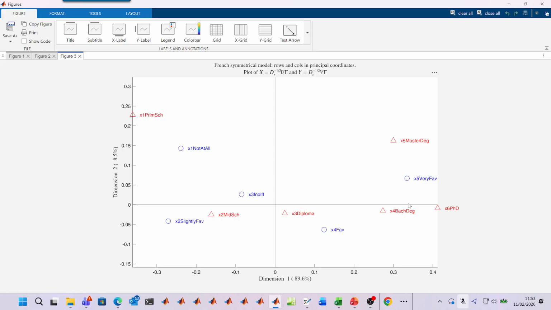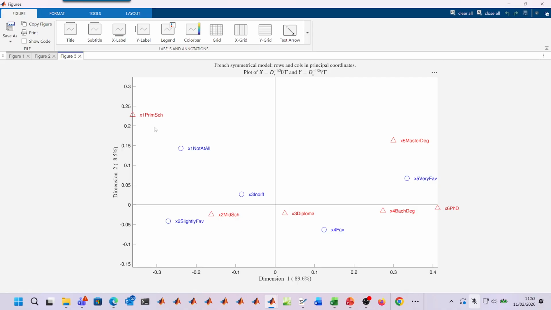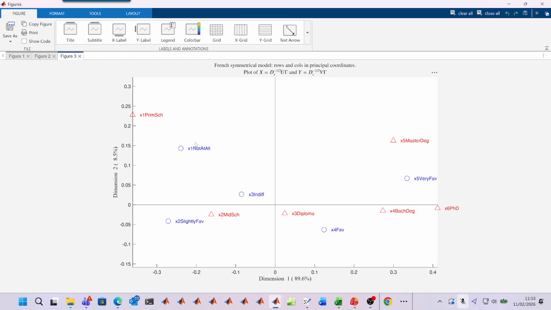And now let us see that here primary school and not at all are mainly those who have just a primary school. And then very favorable is surrounded by bachelor, master, and PhD, as you can see. On the other end, mid-school, indifferent and slightly favorable.